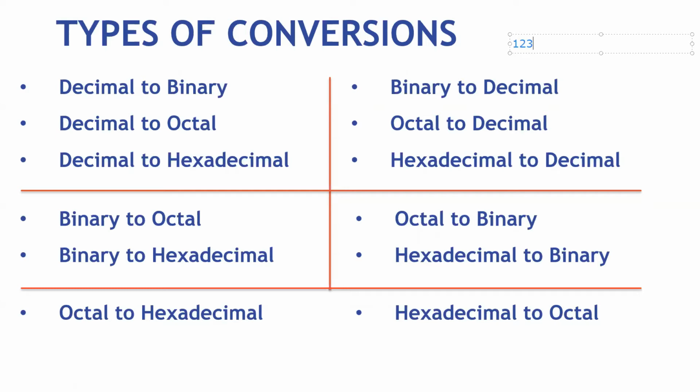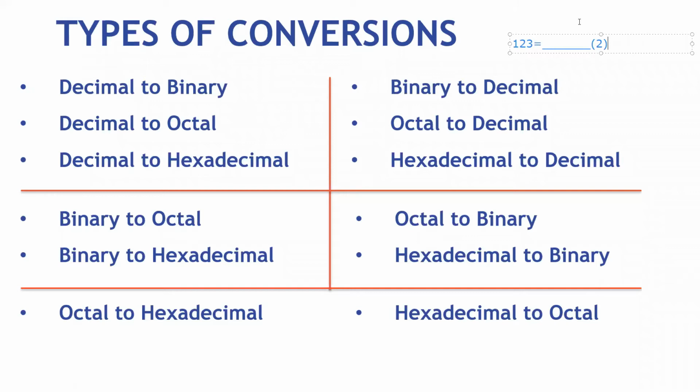So 1, 2, 3. This number we have to convert to another number system. Means a decimal number is given, and you are supposed to convert it to some other number system, like base 2, might be base 8, might be base 16. Now let us see one by one.